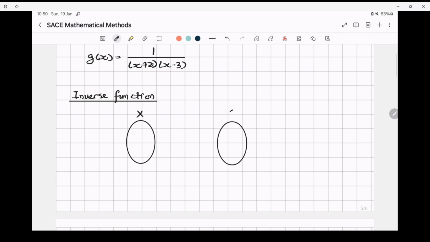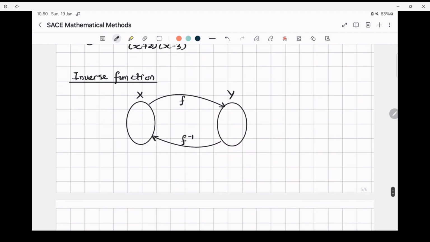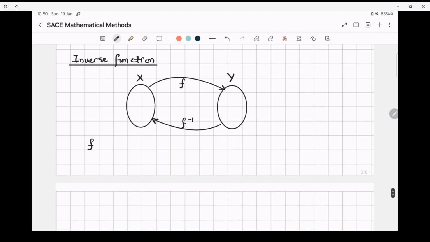So let's say you have two sets, X and Y. If f maps from X to Y, then f inverse maps from Y to X.